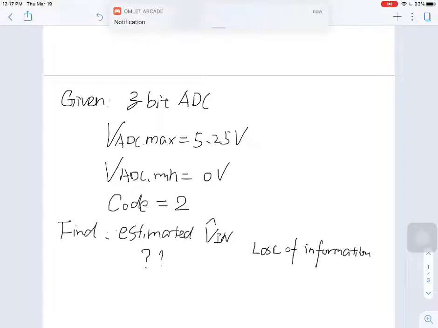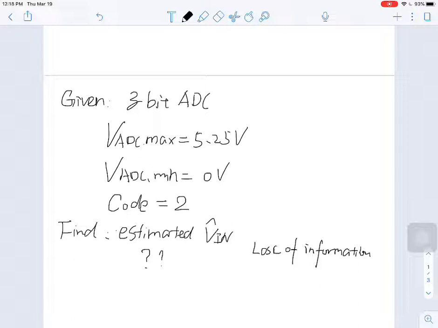The ADC and DAC do the data conversions, right? But during the ADC, there's loss of information, and this is irreversible. So once you convert the analog signal into digital signal, you already lost a lot of information there.